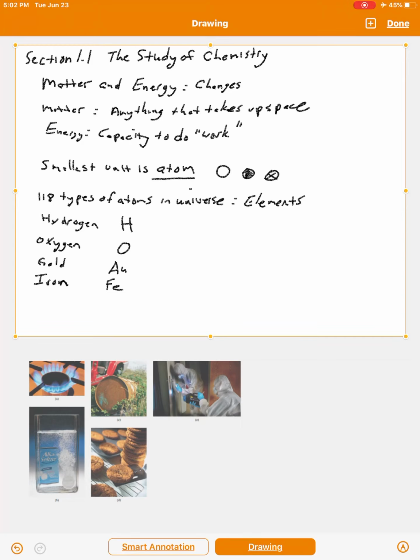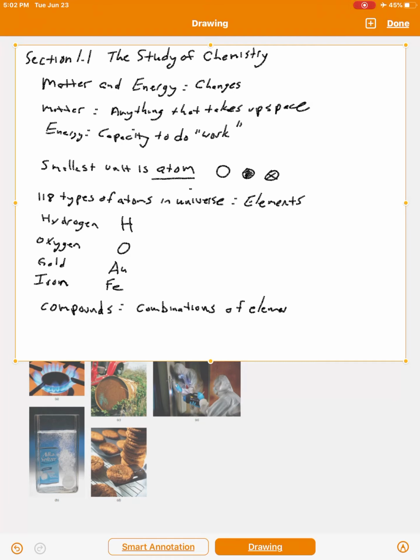You may also be familiar with the idea of compounds. And compounds are combinations of elements in a fixed ratio.